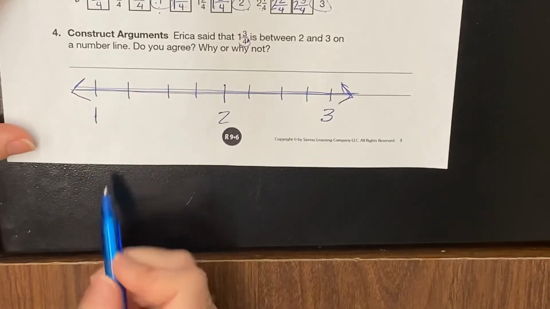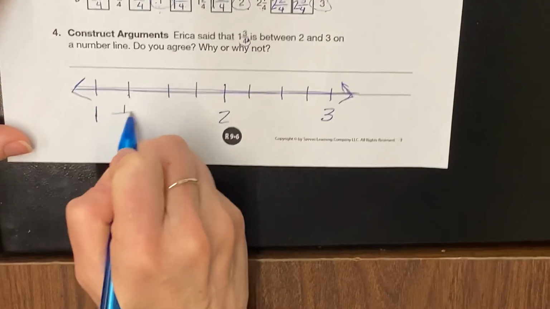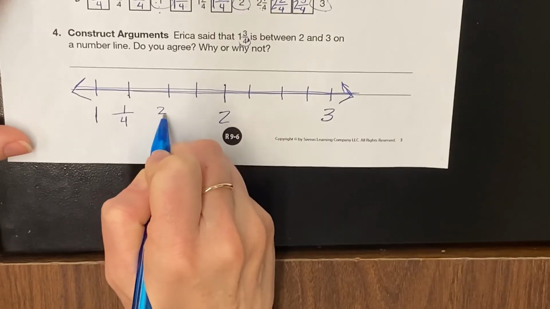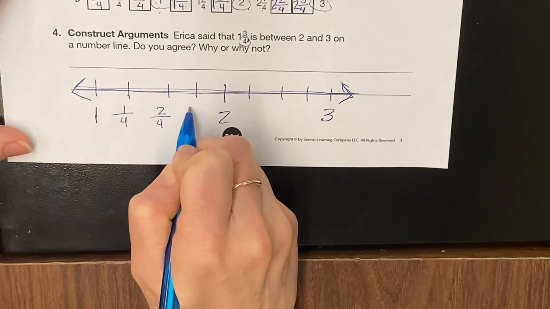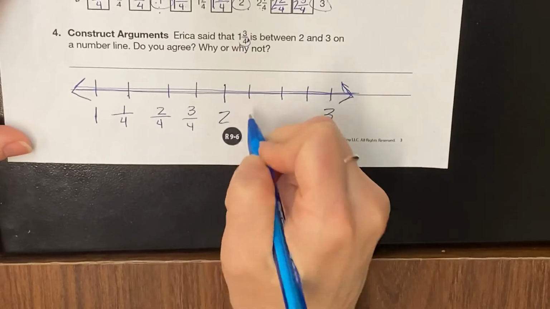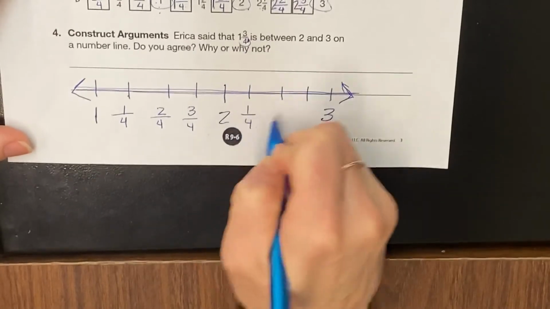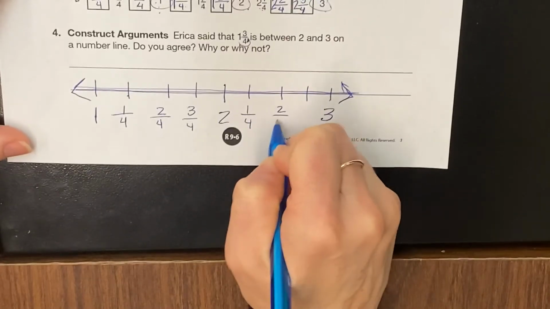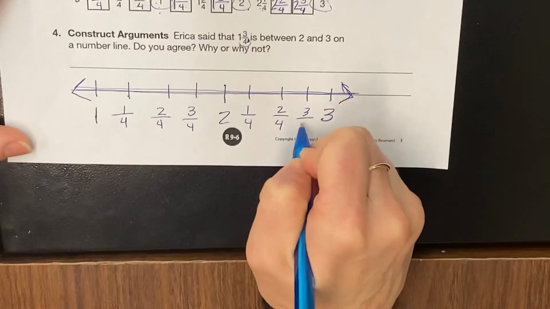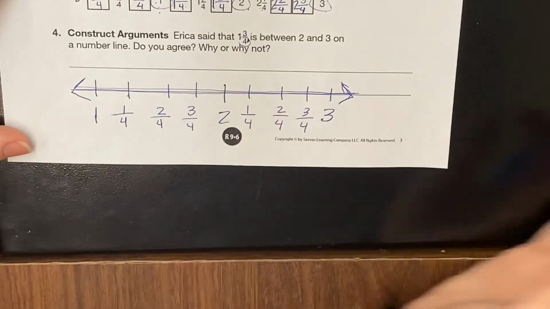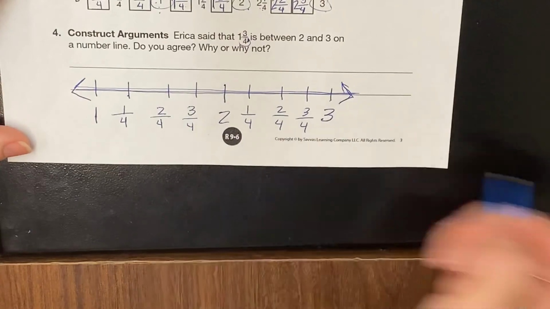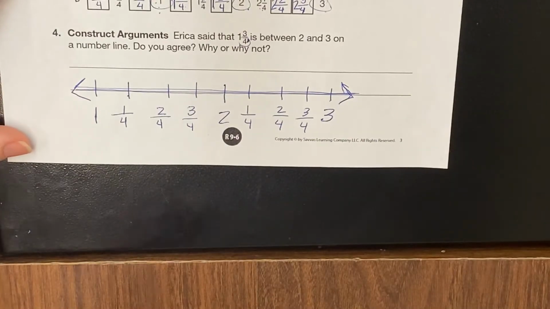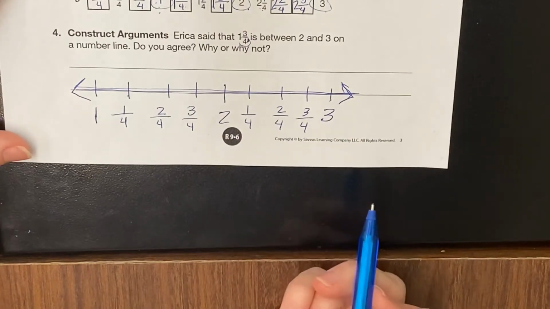So let's label this. This is my first tick mark. All of my denominators are the same. I'm just going through here and I'm labeling the fractions first because they're just a pattern, they're the same. And as far as it would go, if it keeps going on, all the fractions would be the same. The only thing that changes is when you pass a whole number.